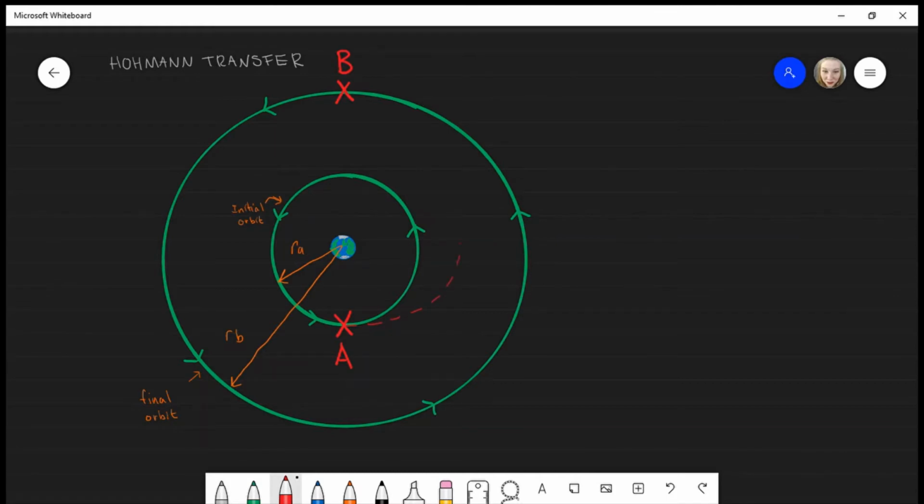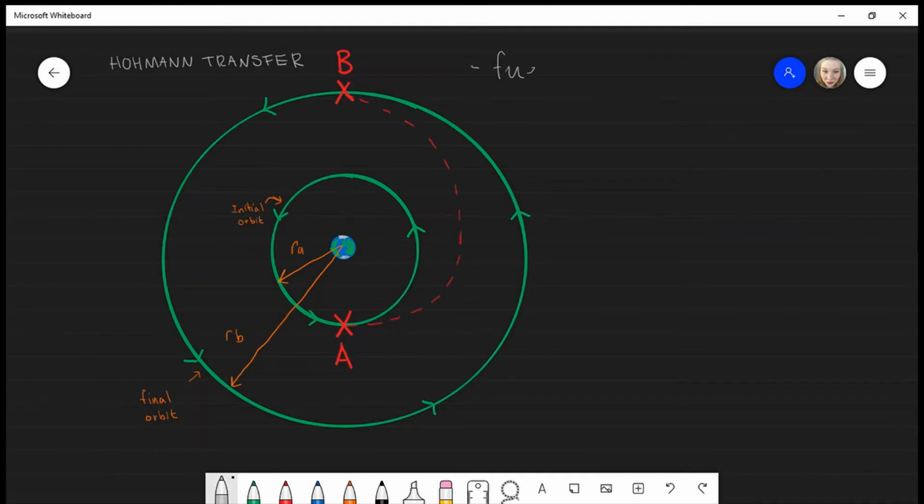Might not be the neatest, but at point A, the satellite undergoes a burn, and that's what gets it onto the transfer ellipse from the initial circular orbit. And then at point B, to get off of the transfer ellipse, another burn occurs to then put it onto the final circular orbit.